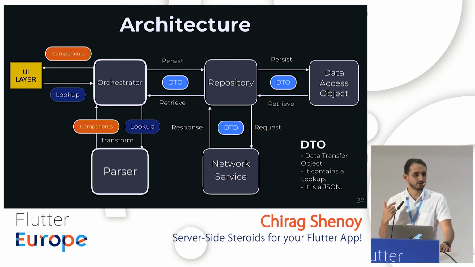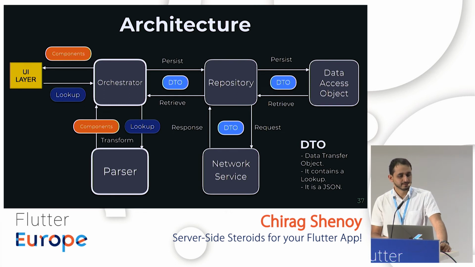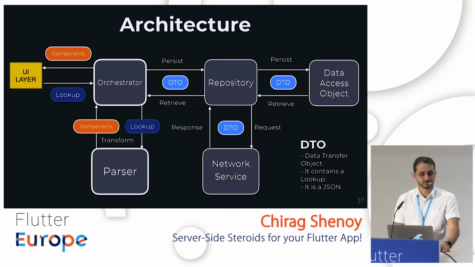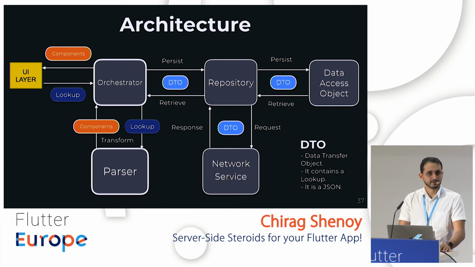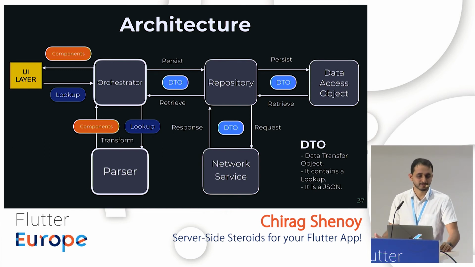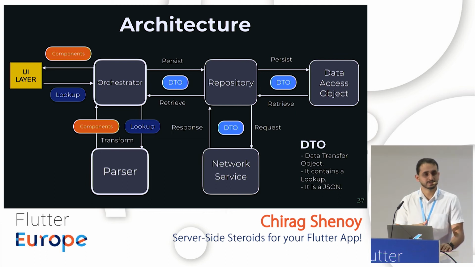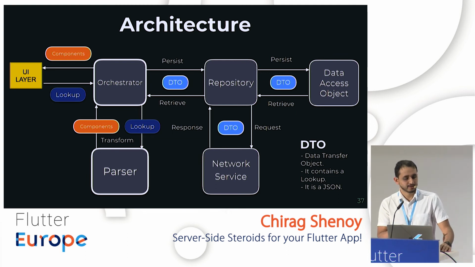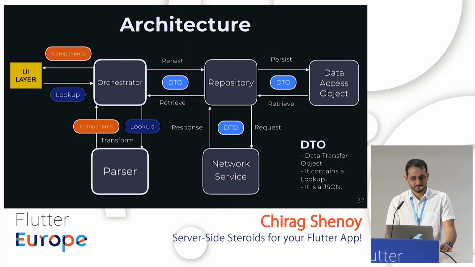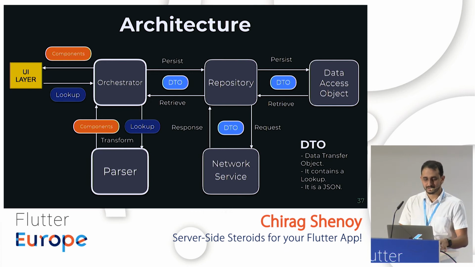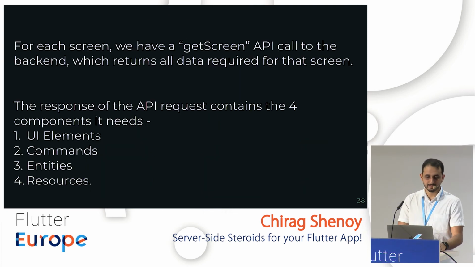We've gone through many slides where the lookup is being converted to an actual component, right? So that's what an orchestrator does. And it gives back those actual Flutter components to the UI layer, which renders them. And the UI layer can also send lookups and get back components. That's the high-level architecture that we have over here.